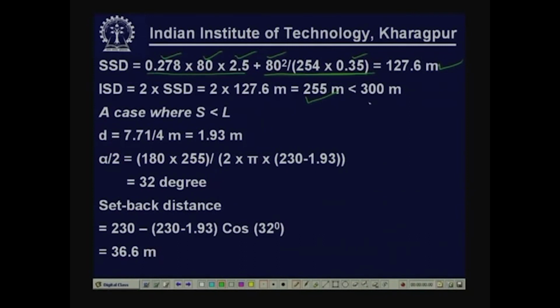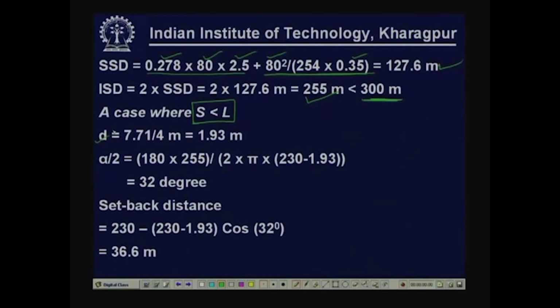Now, we find the length of the curve given as 300 meter. So, this is a case where S is less than L, that means required sight distance is less than the length of the curve. Now, small d, the total width of the pavement is 7.71 meter, okay. It is a 2 lane. So, if we place the vehicle towards the inner edge, center line of the inner lane, then what is the distance d?